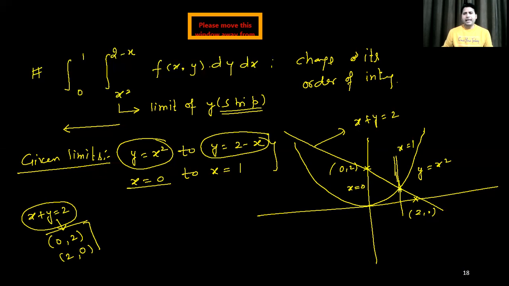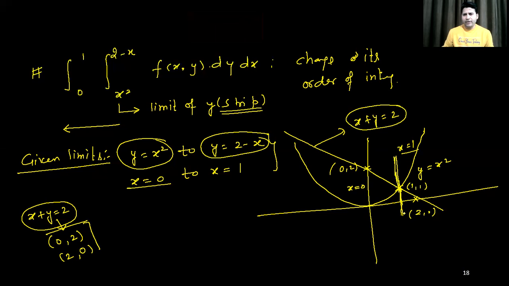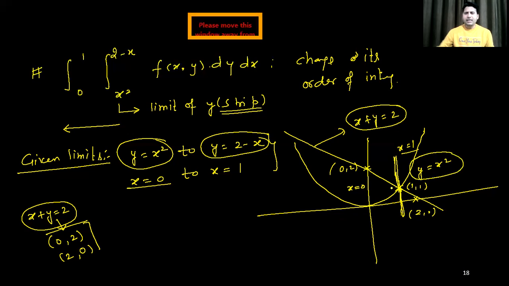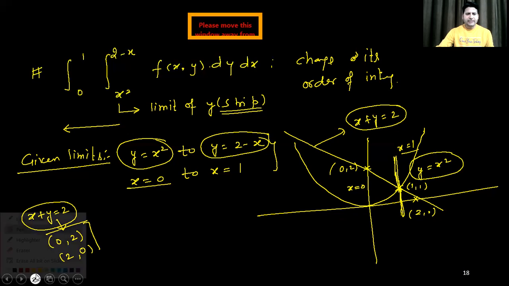This is the line x equal to 1. Now you can see that the intersection of these 2 curves is 1 comma 1. So this point will be 1 comma 1, and that's why x equal to 1 passes through the intersection of these two lines. Moreover, 1 comma 1 also satisfies y equal to x square. So this is the point of intersection.